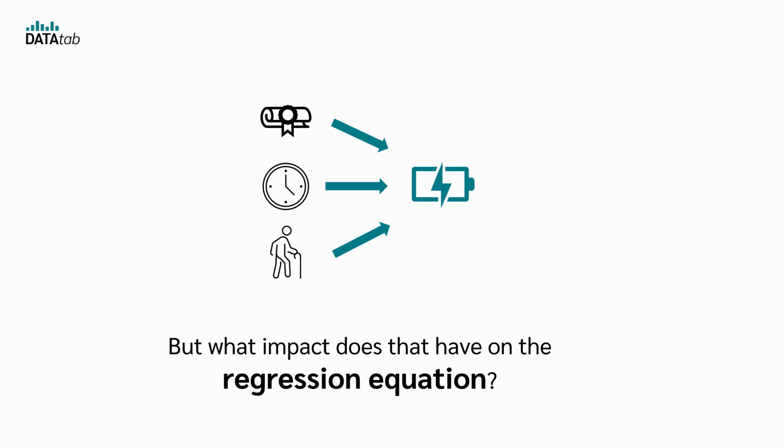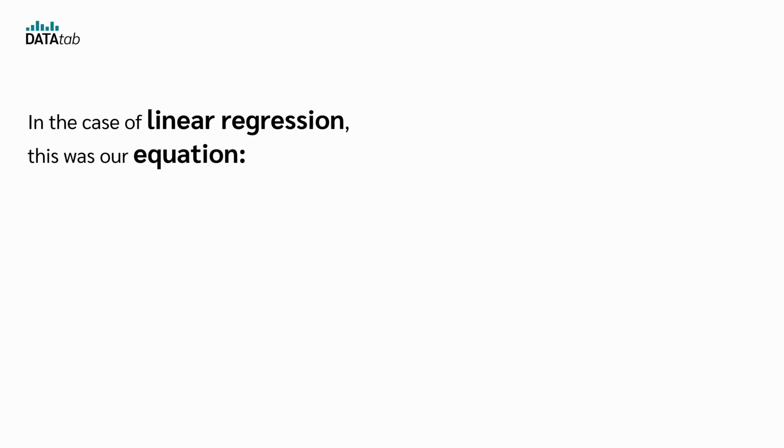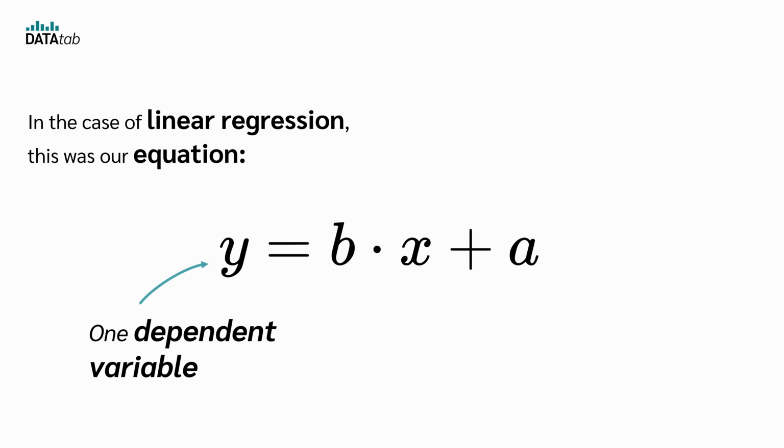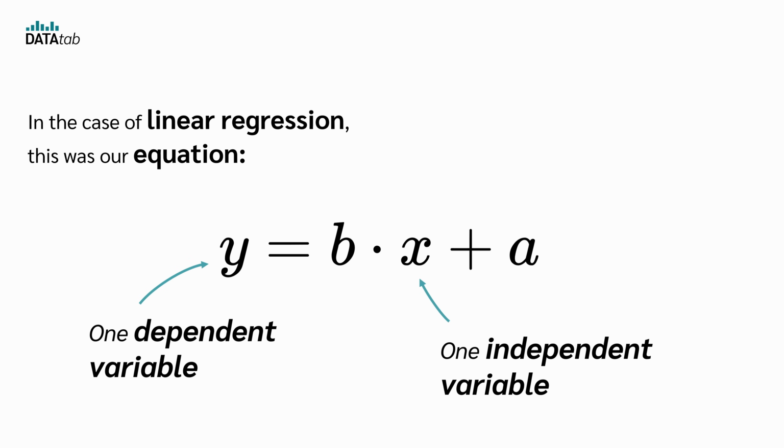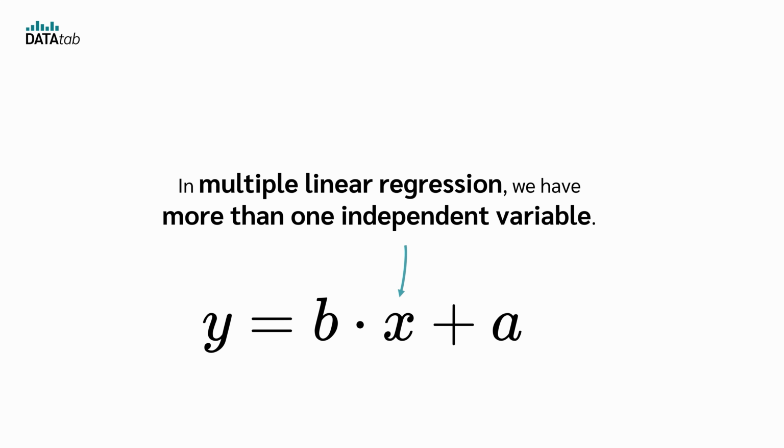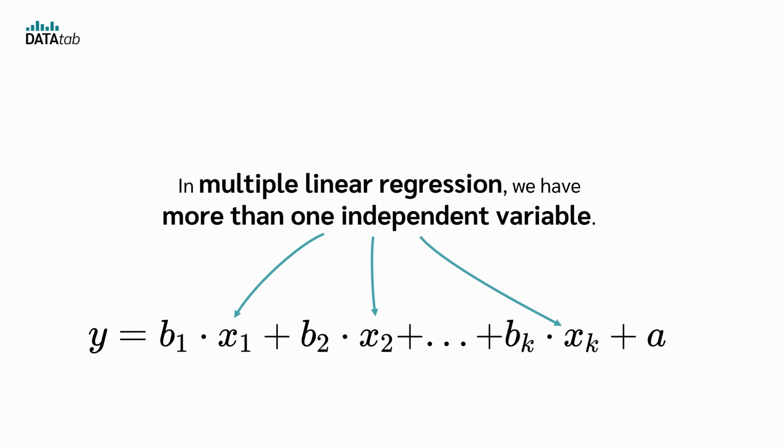But what impact does that have on the regression equation? In the case of linear regression, this was our equation. We had one dependent variable y and one independent variable x. Now, in multiple linear regression, we have more than one independent variable.